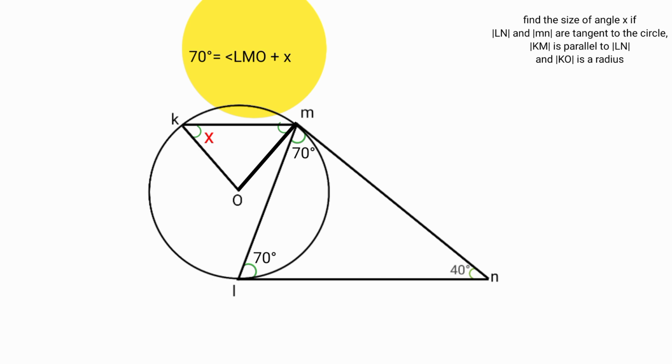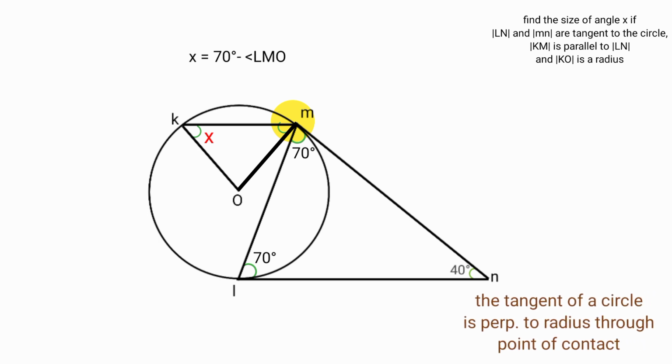Making X the subject, we subtract angle LMO from both sides. So now 70 degrees minus LMO equals X, which is the same as X equals 70 degrees minus angle LMO. But what is angle LMO? We don't know yet. But since this is a radius here and this is a tangent, both intersecting at this point M, from the circle theory, there is a rule that the radius of a circle is always perpendicular to its tangent through the point of contact.